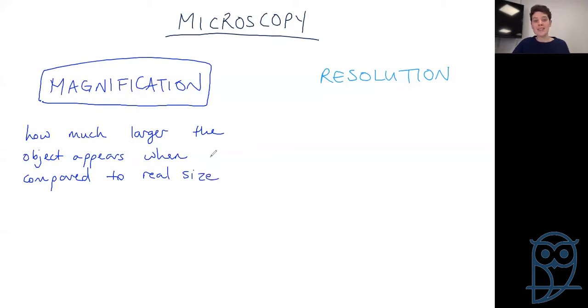So that, of course, is our little formula. Magnification equals image over actual. And that's all there is to it, okay? So when we look at it, how much bigger is it?